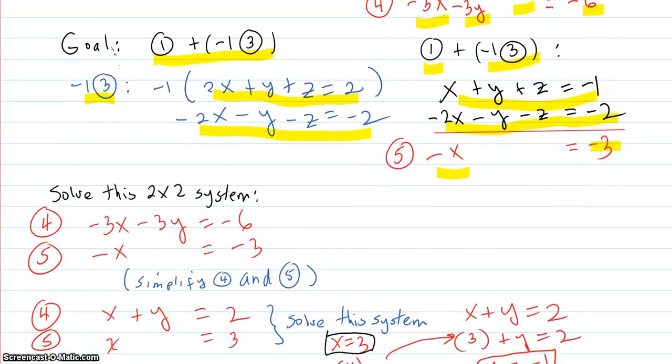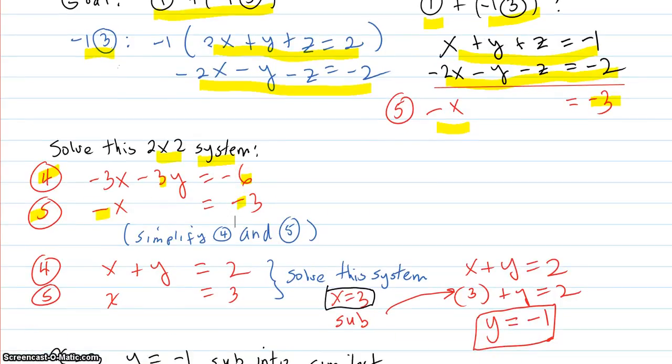Alright. So we write down the system of 4 and 5, the 2 by 2 system. Alright, we're going to simplify the system because we got a 3, a 3, and a 6. We also have this negative x equals negative 3. We can simplify all that. So on number 4, we're going to divide through by negative 3.